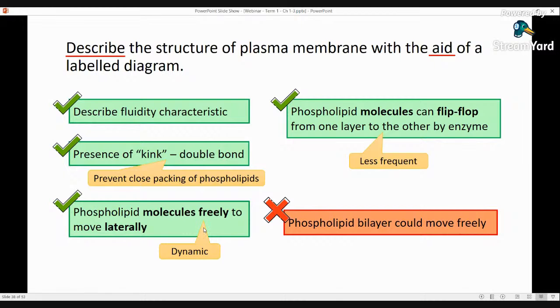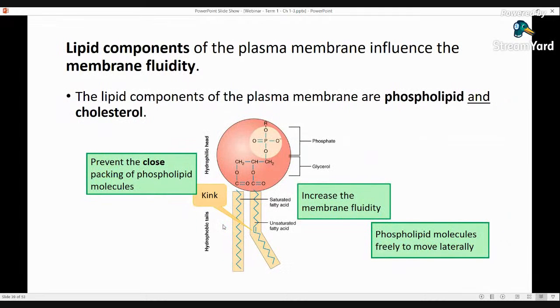Phospholipid molecules can flip from one layer to the other by enzyme, but this is less frequent. When we talk about the dynamics or fluidity of the plasma membrane, it is more focused on moving freely laterally.